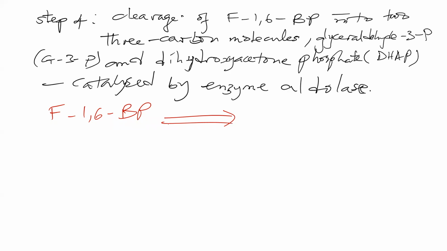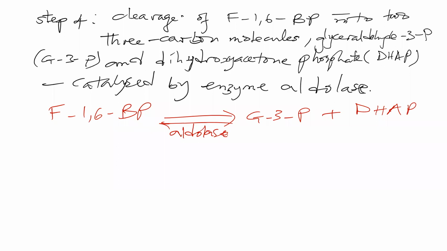This is also a reversible reaction, being cleaved to form glyceraldehyde 3-phosphate plus dihydroxyacetone phosphate. So we can draw the structures, and this is under the influence of aldolase.